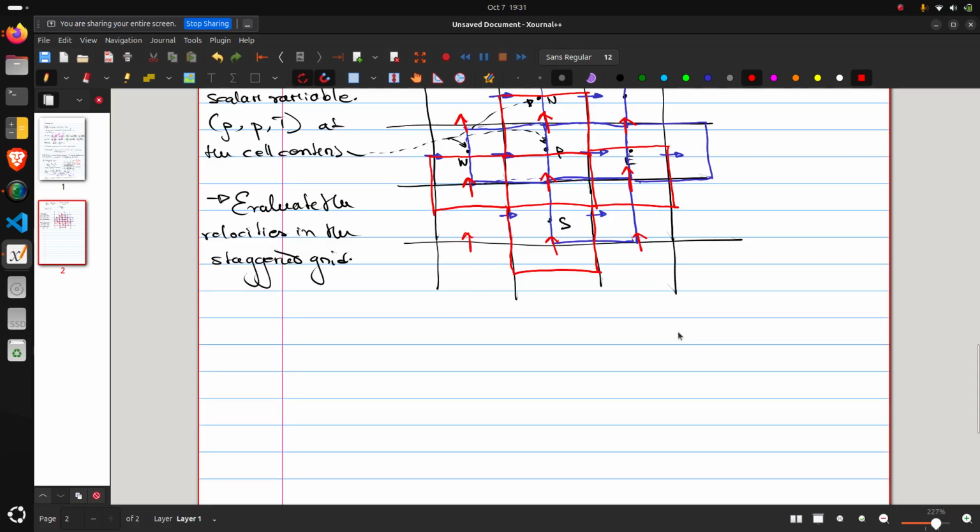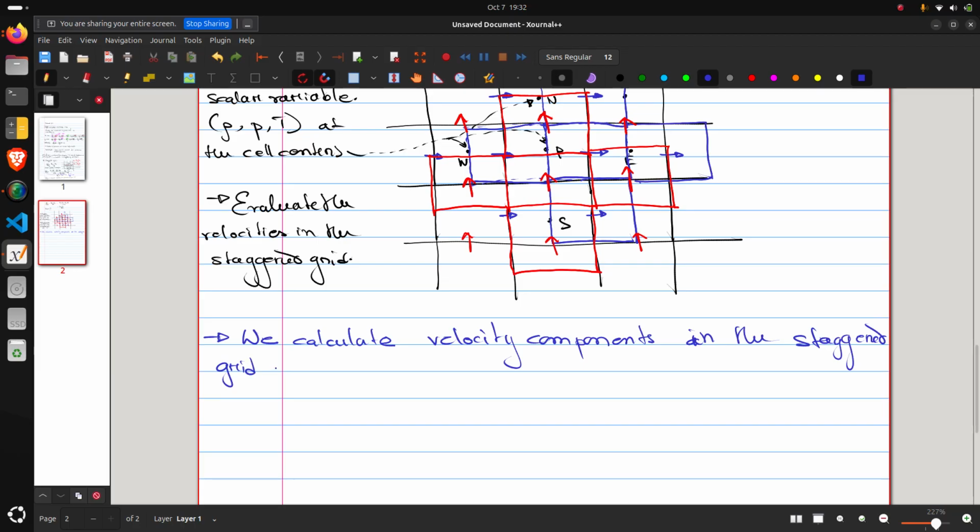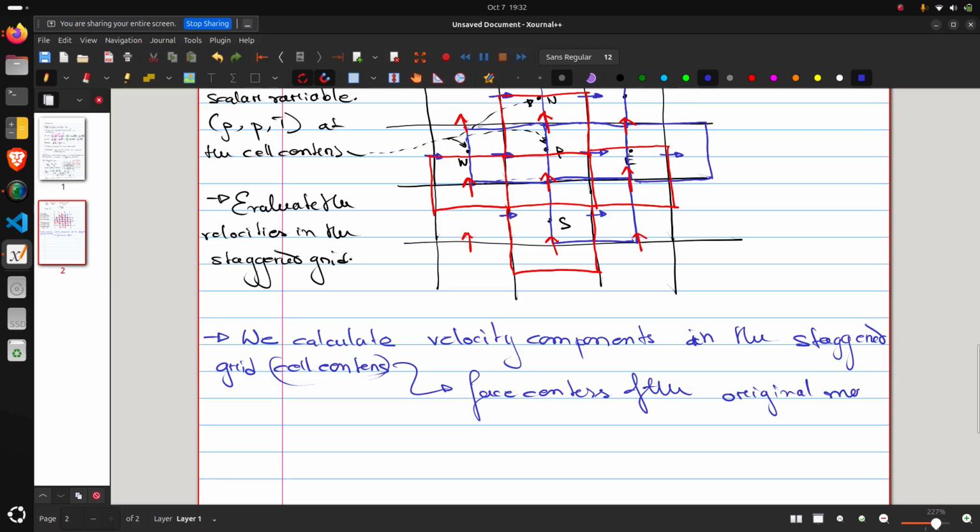Okay, let me just write it down. Velocity components in the staggered grid cell centers, which is nothing but the face centers of the original mesh, right?